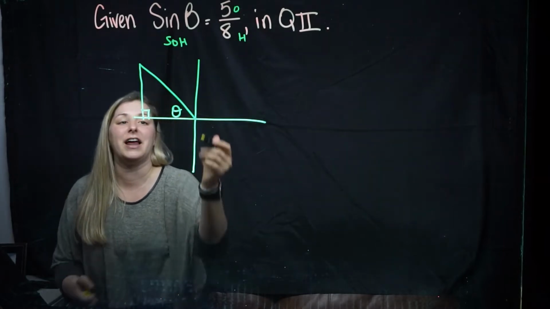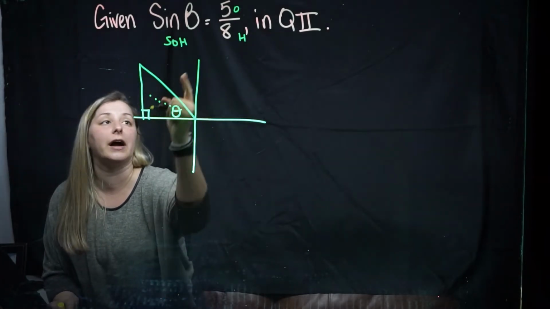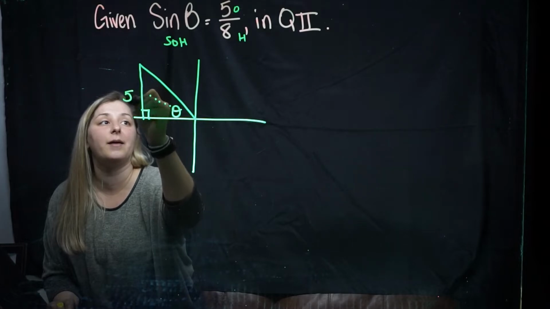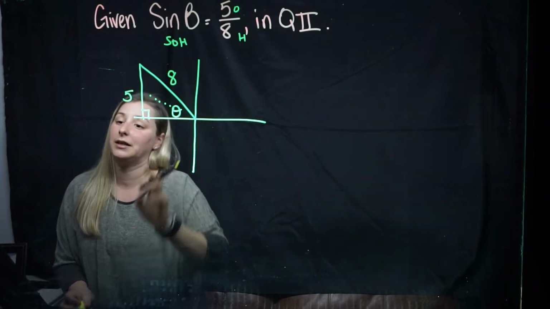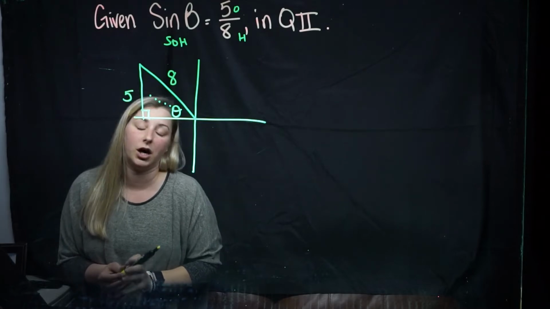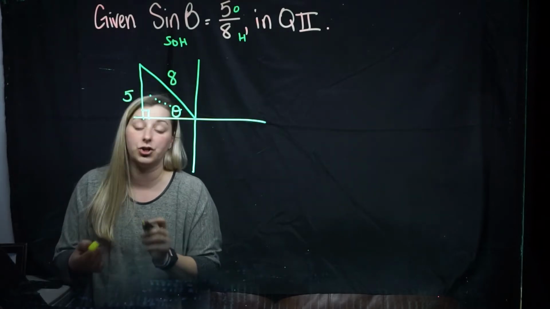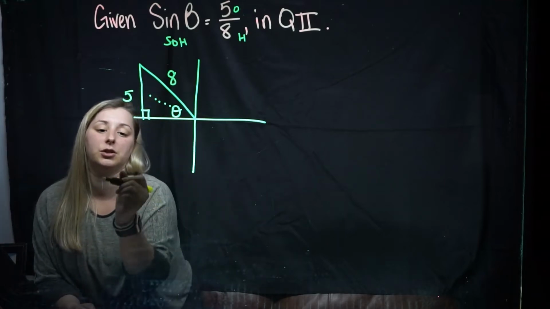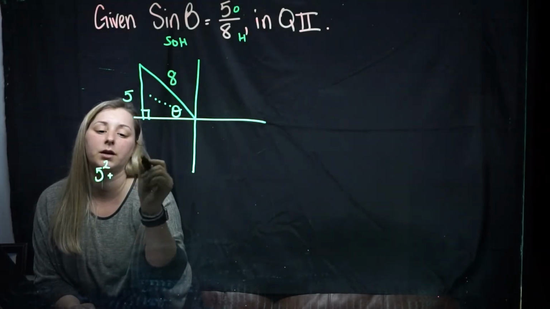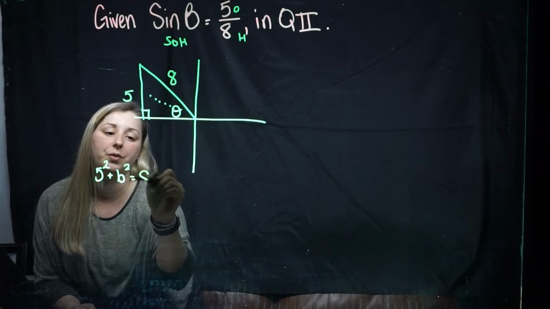So opposite that angle, if you can draw that dotted line across, is 5, and then the hypotenuse there is 8. So we have 5 and 8, but we do need this missing link because the whole point of this is we want to find all 6 trig functions, or trig ratios. So we need to use the Pythagorean Theorem in order to find that missing piece. So we've got 5 squared plus b squared is equal to 8 squared.